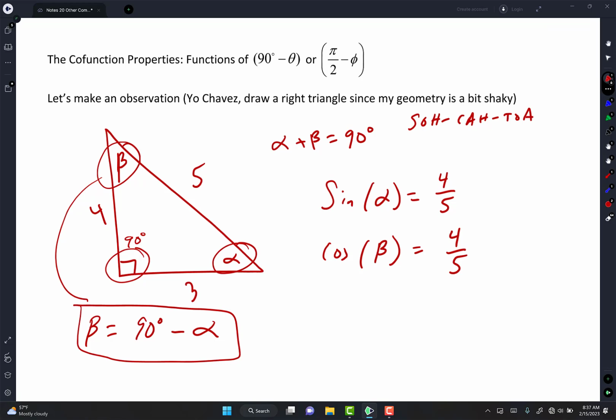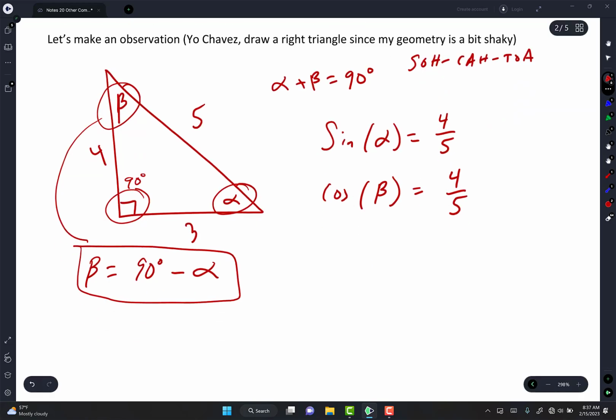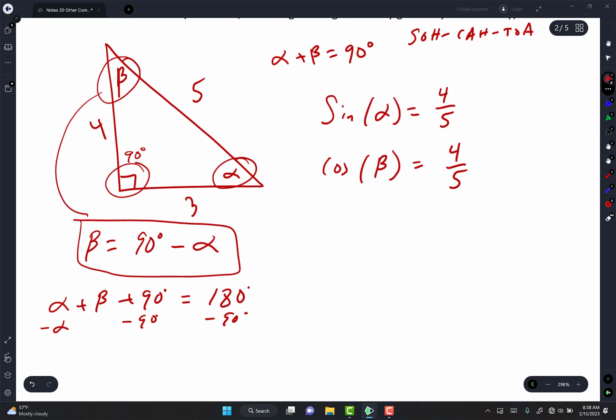Remember, all three of them add up to 180. So, Chavez, what are you talking about? Alpha plus beta plus 90 equals 180. See? So if I were to tell you to get beta by itself, you would go minus 90, and then minus alpha, and you would say beta is equal to 180 minus 90, that's 90 degrees, minus alpha.